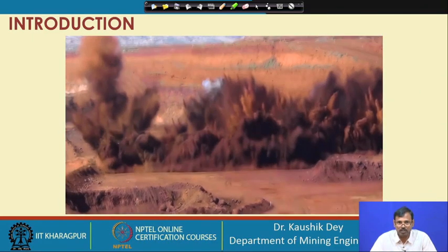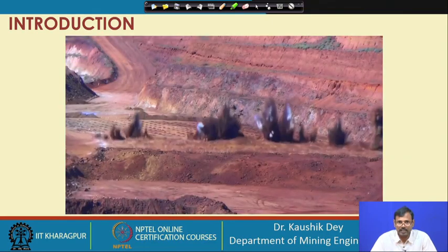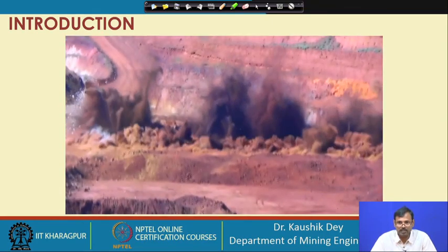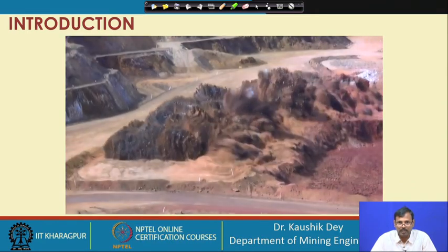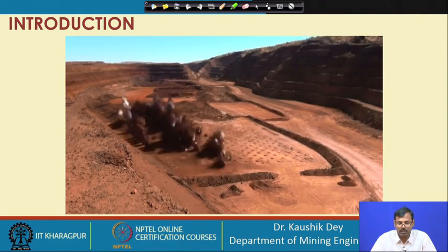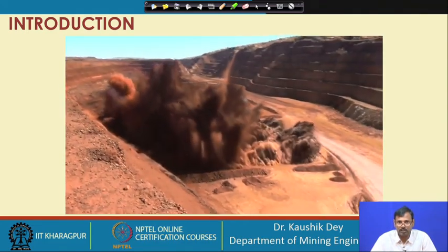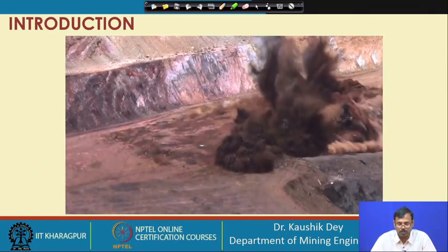What are those controls? The first control is that we should know exactly when the first initiation will be carried out. The first initiation should be in our hands, that means when we switch it on, that switching on should be within our control.